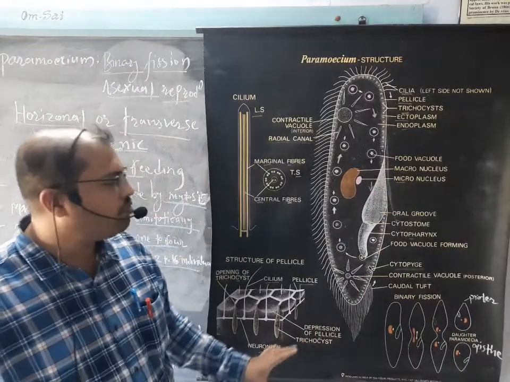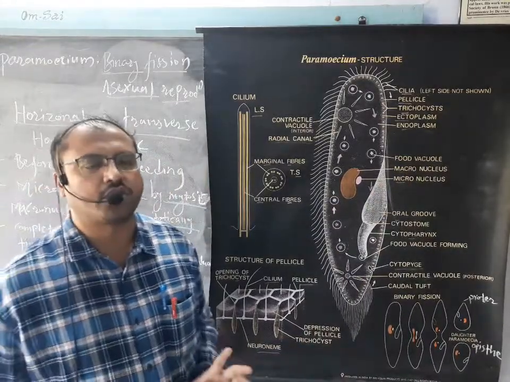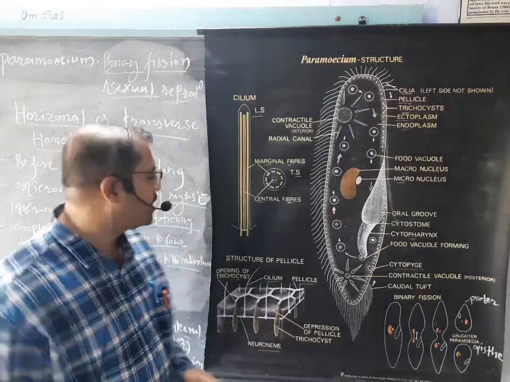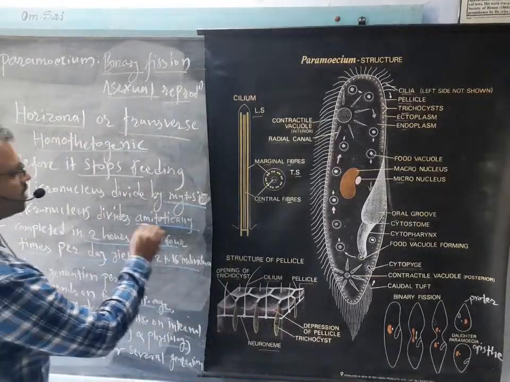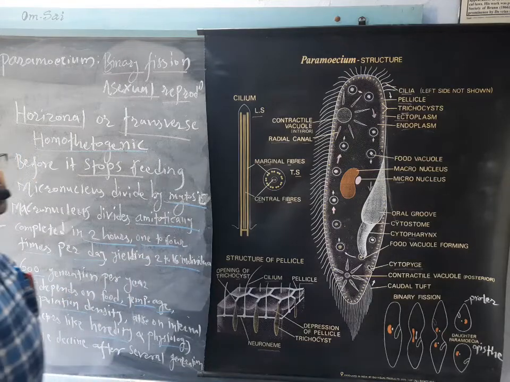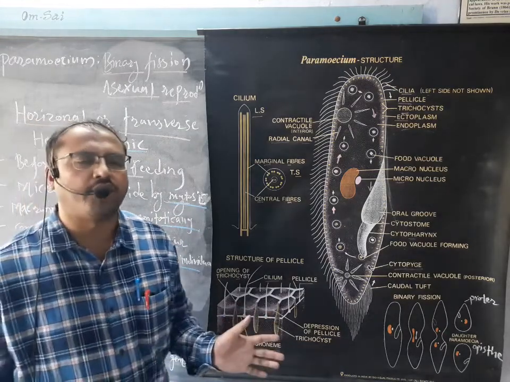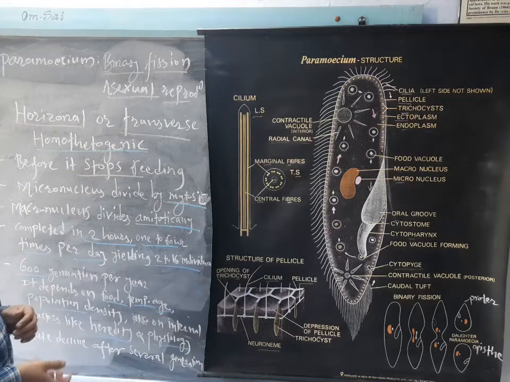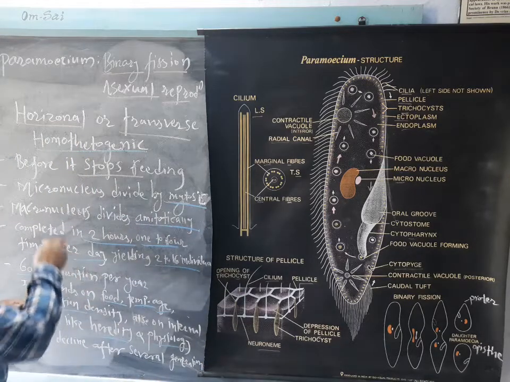The macronucleus does not have any role in reproduction, because genetic information is not stored in the macronucleus. That's why it divides amitotically, without mitotic division, irregularly, and half the portion goes to the anterior side and half to the posterior side.